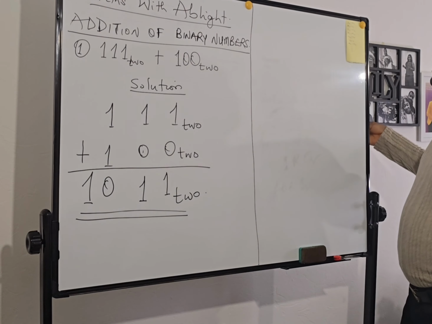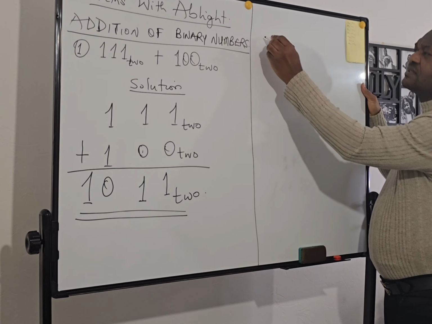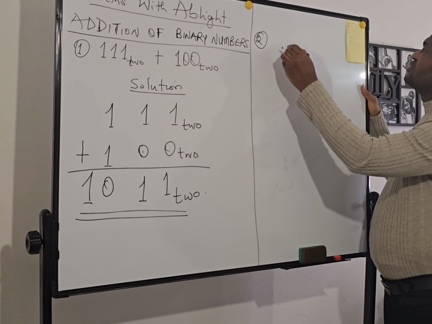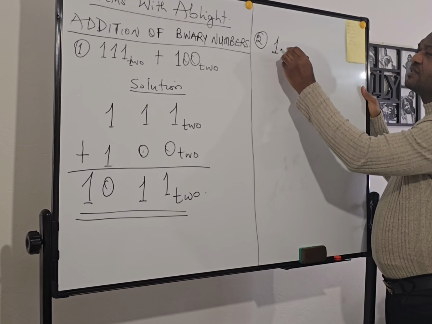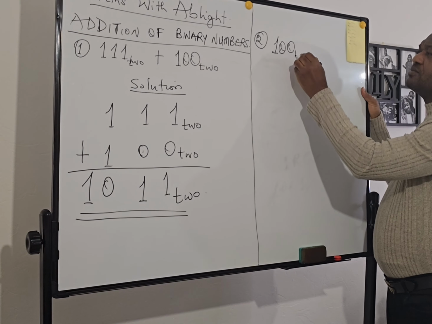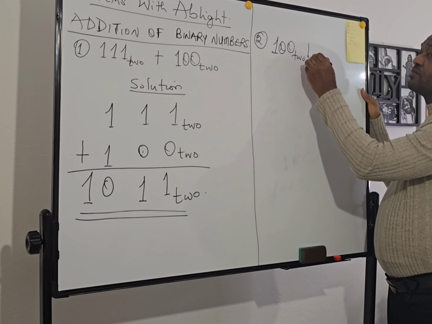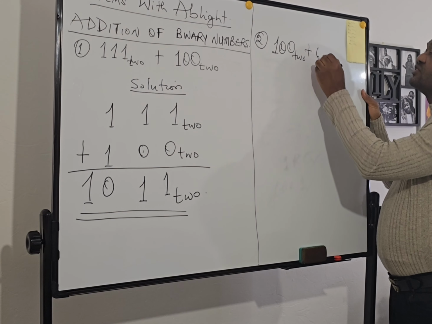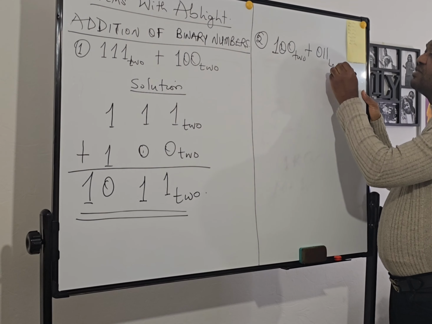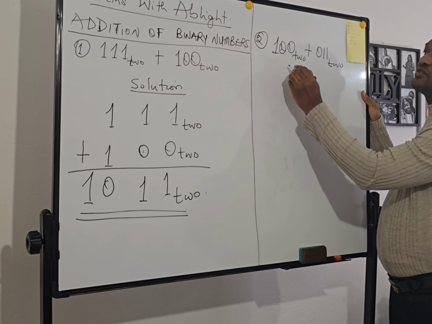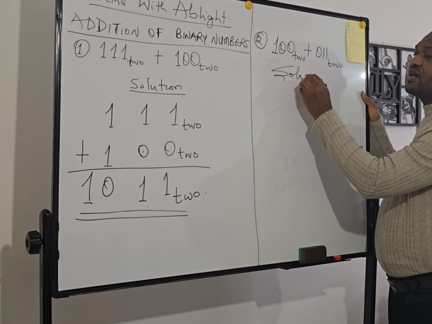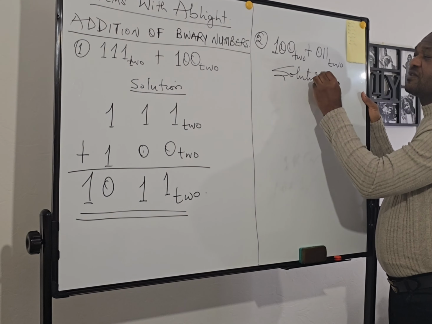I hope you remember your mathematics language. Solution is pronounced solu here, shown. Now, question number 2, we are asked to add up 1, 0, 0 base 2 plus 0, 1, 1 base 2. What do you do? Solu here, shown.